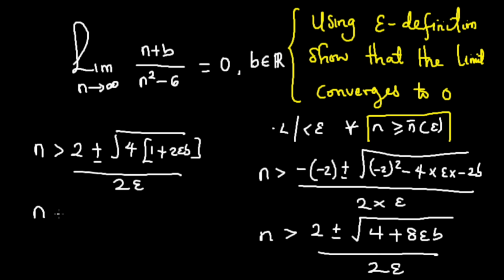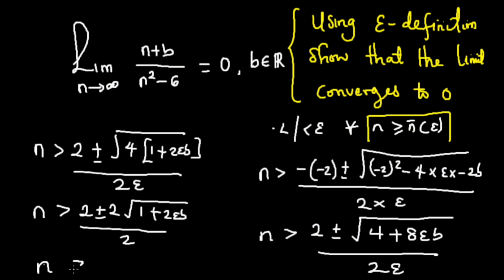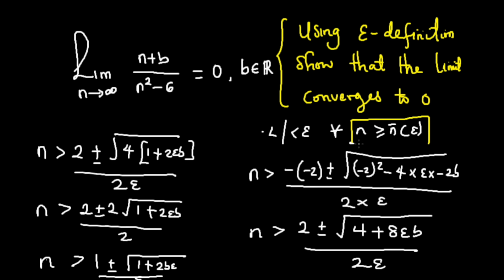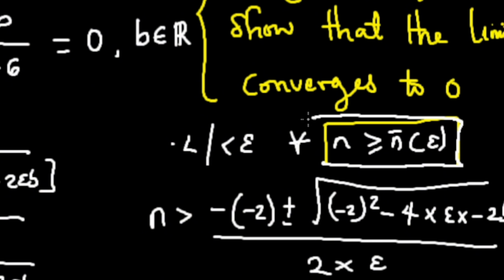And if I bring that out, that would be 2 plus or minus 2 square root of 1 plus 2 epsilon b over 2. So if I cut that out, that would be 1 plus or minus square root of 1 plus 2b epsilon over epsilon. And we've been able to achieve this particular condition.